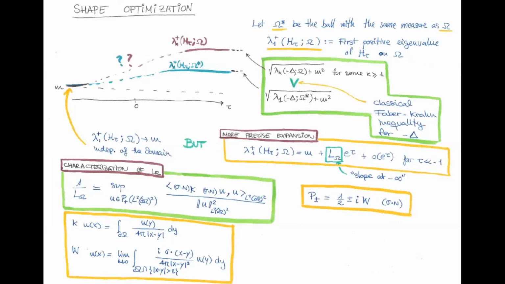And this projection is given by an operator of this form, which involves just the identity plus this operator W, that is this principal value operator, which involves somehow the derivative of the Newtonian potential.